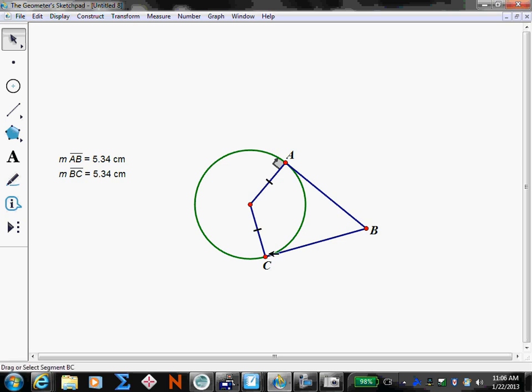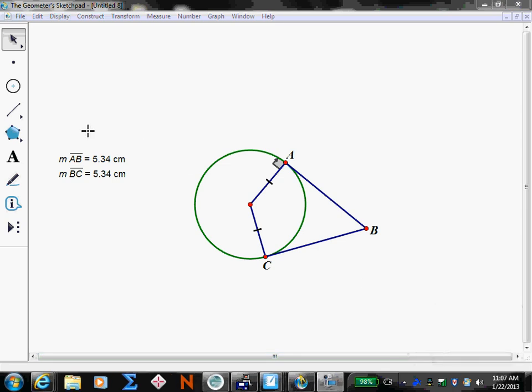That's how we constructed them. And then the vertex angles going this way, in this case, they are going to be supplementary of one another. Okay, so let's take a picture of this and see if we can complete our conjecture.